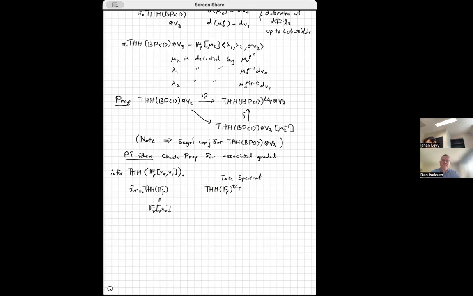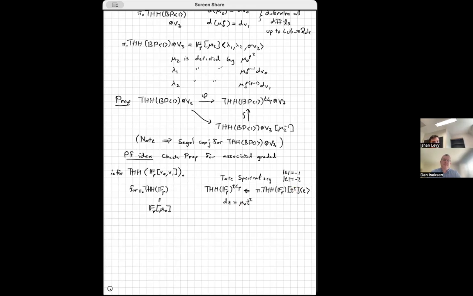The E2 page of it is exactly the homotopy groups of THH of FP, and then you have to adjoin an invertible class t in degree -2, and a class epsilon in degree -1, which is an exterior class. This is the Tate cohomology of the group CP. So there's a Tate spectral sequence that converges to this, and it has a differential, which is that d of epsilon is equal to mu0 times t squared. Okay?